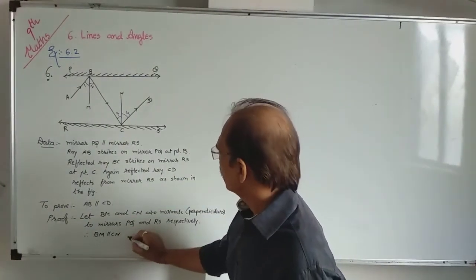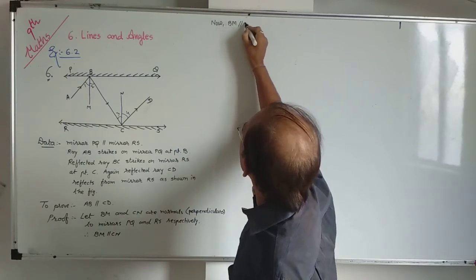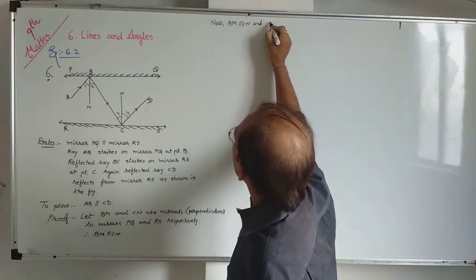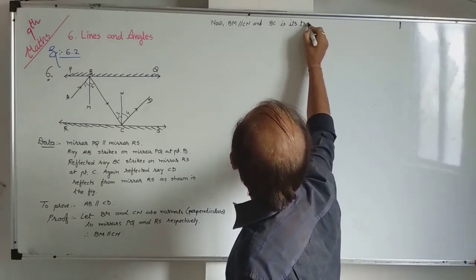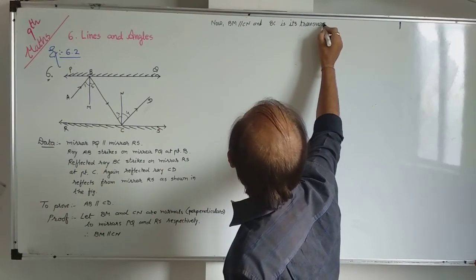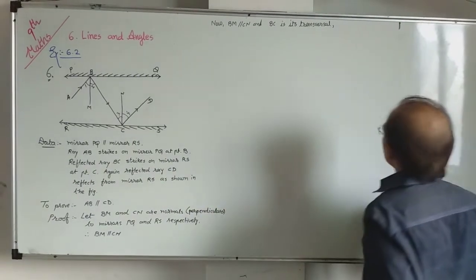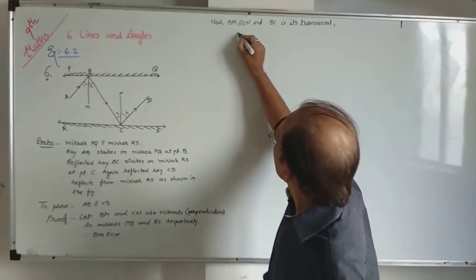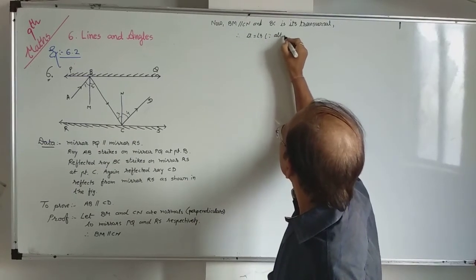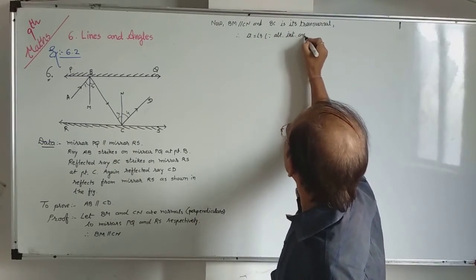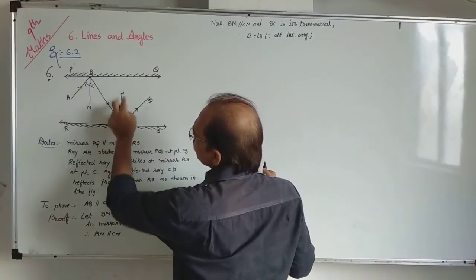BM parallel to CN and BC is its transversal, so we can write angle 2 equal to angle 3 because they are alternate interior angles.